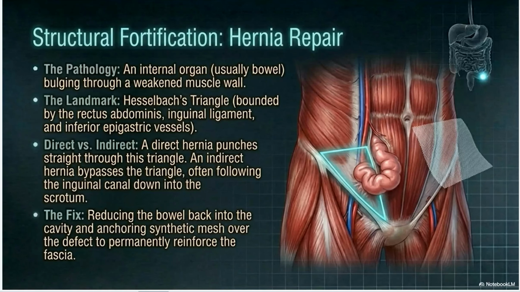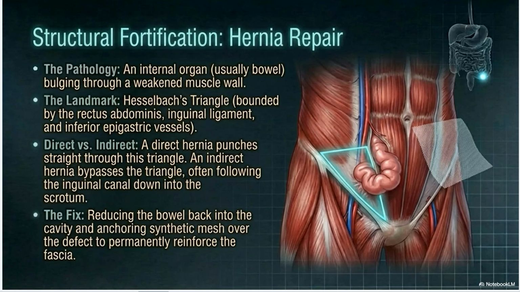Structural fortification, hernia repair. This slide focuses on hernias, which occur when internal tissue or an organ pushes through a weakened area in the muscle or connective tissue that normally contains it. Hernias are most commonly found in the abdominal wall, particularly in the groin region. The slide highlights the inguinal region, which is one of the most common sites where hernias develop.